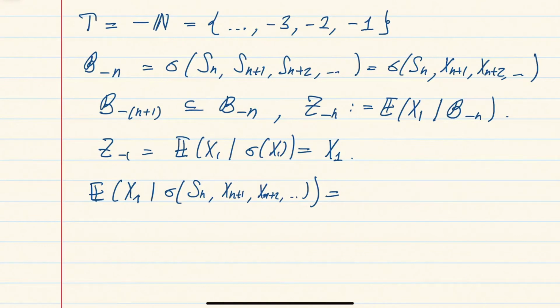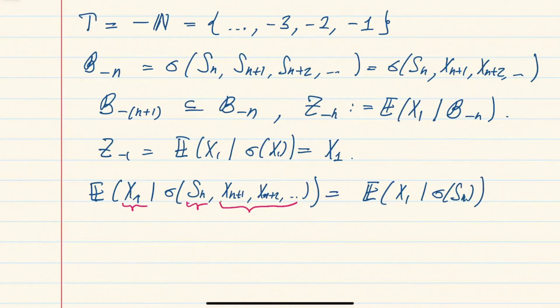In this case, all of these random variables starting from n+1 are independent both of X1 and of Sn. X1 and Sn are not independent, since X1 appears in Sn, but all these other ones starting from n+1 are independent. So you can omit them in the conditioning, and it's the same as the conditional expectation of X1 given just Sn.